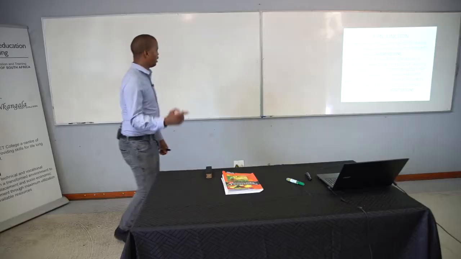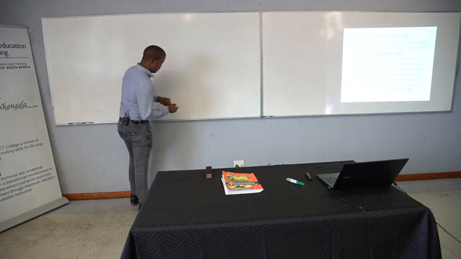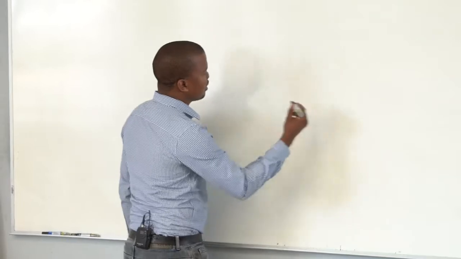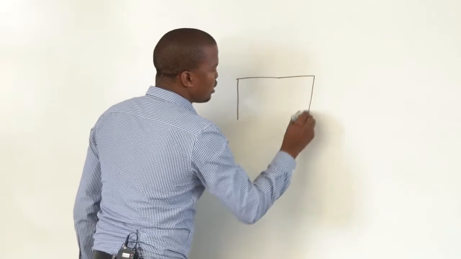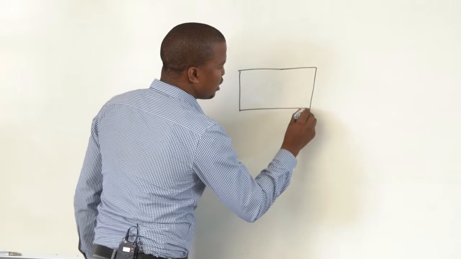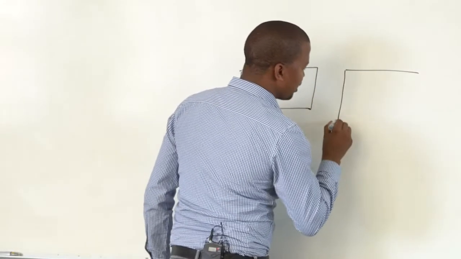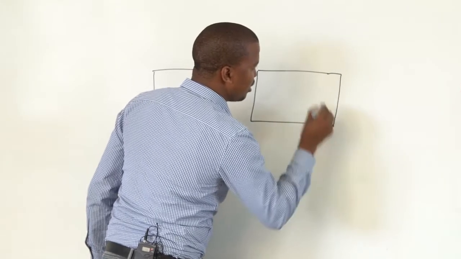Remember, in our previous lesson, we made mention of a P-type and an N-type semiconductor. This is just a demonstration. I hope you have a pen and paper at home to take down the notes, because this is an important part of my lesson.